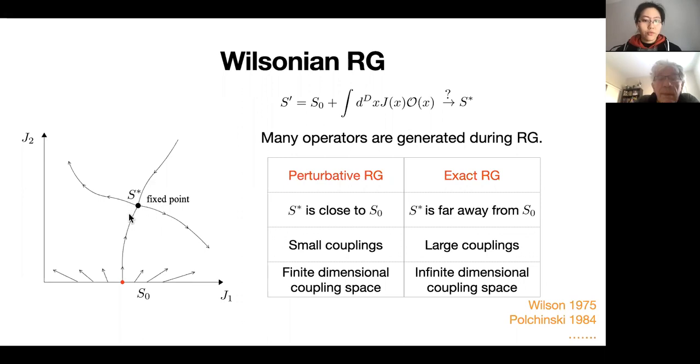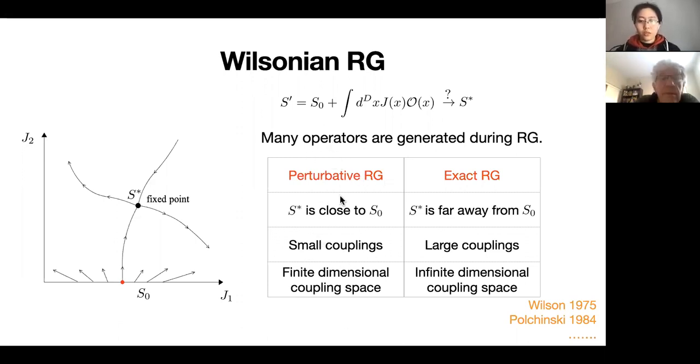If the IR fixed point is very close to the starting point, then many high-order operators only acquire small couplings. So this means we can do an operator truncation so that we can study the RG flow in a finite dimensional coupling space spanned by the couplings for the lower order operators.